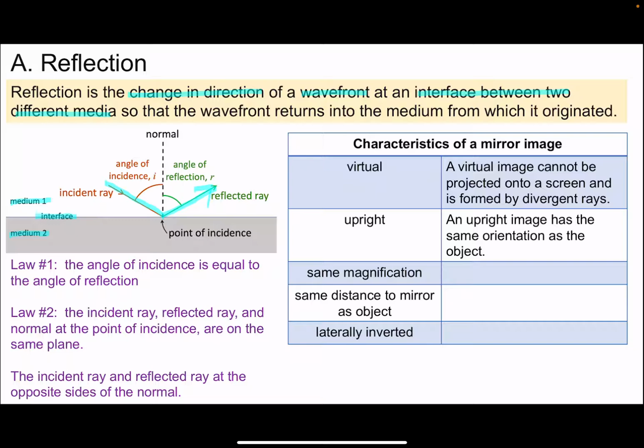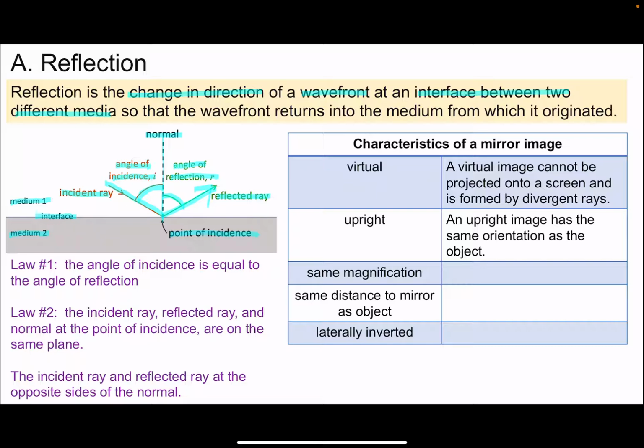So this is called reflection. Now, there are many terms that you need to be very familiar with. So for example, incident ray, reflected ray, the normal at the point of incidence, the angle of incidence between the normal and the incident ray, the angle of reflection between the normal and the reflected ray.